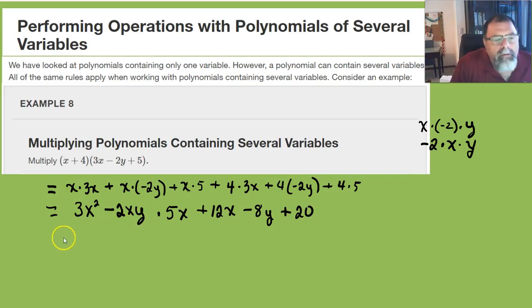Now, descending order can be kind of confusing because we didn't really talk about this. We consider this as a degree 2 term. So if there's a term that has more than one variable, you add the degrees of each variable. So this is degree 1, 1 plus 1 is 2.